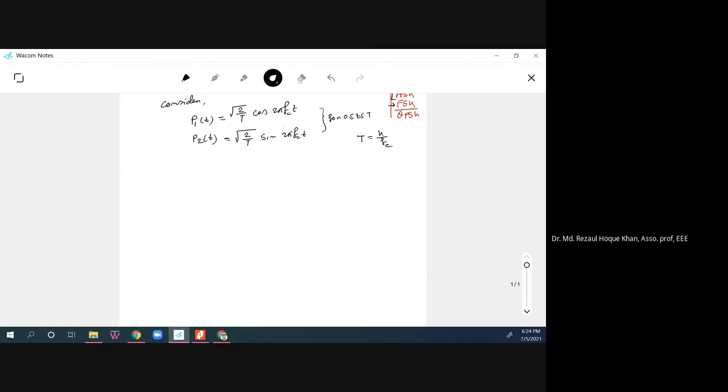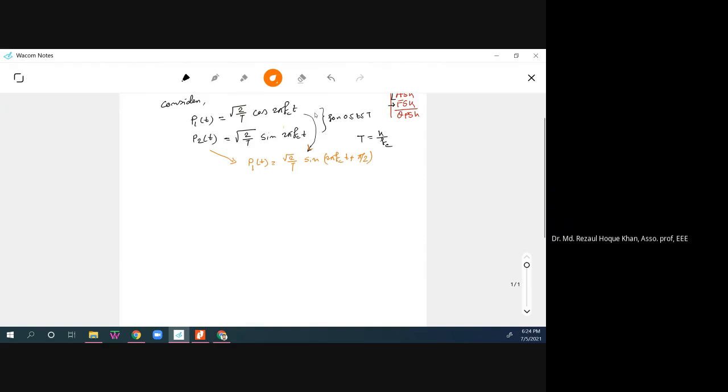Now this one can be rewritten as root 2 by T sine 2 pi fc t plus pi by 2, right? Same thing. So we can see this is also P1. So what is the difference between P1 and P2?